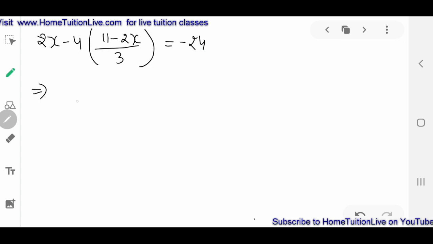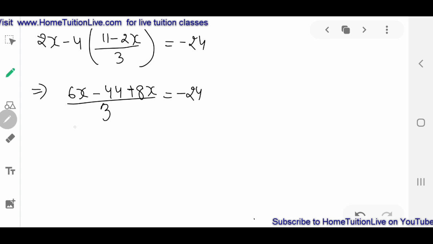Now we will take the LCM. This is 3, 6x minus 44 plus 8x is equal to minus 24.